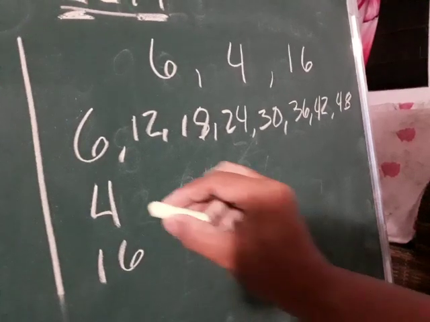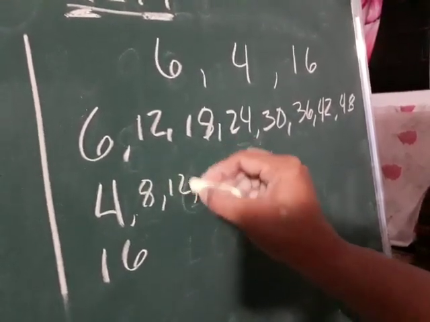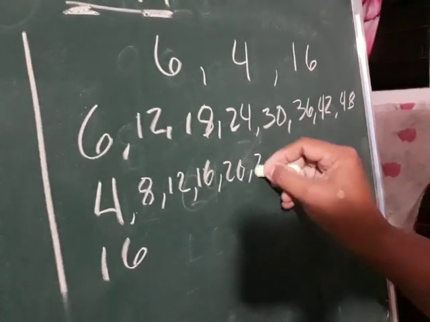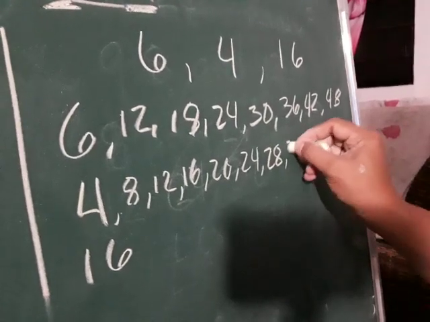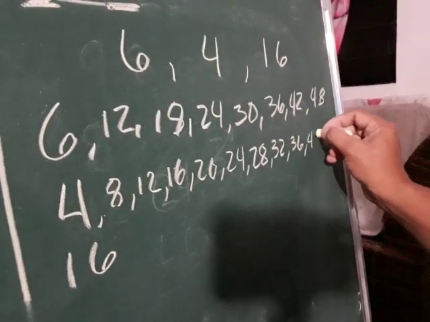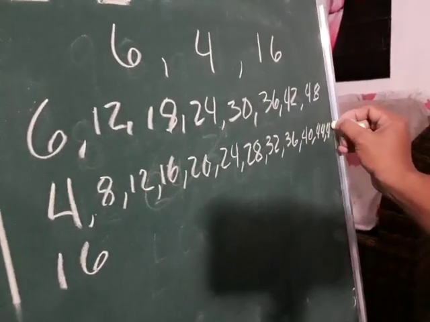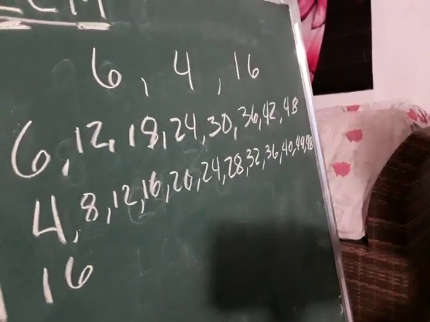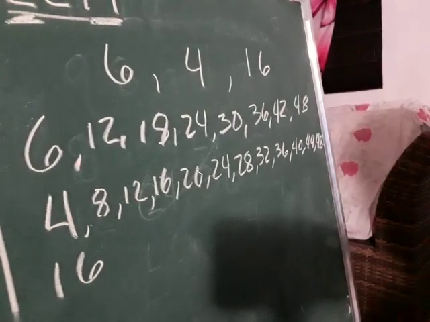And then 4, 8, 12, 16, 20, 24, 28, 32, 36, 40, 44, 48. Okay, let's stop at 48. How about 16?